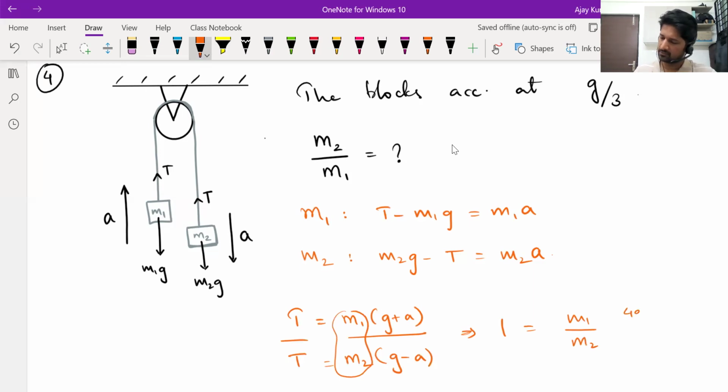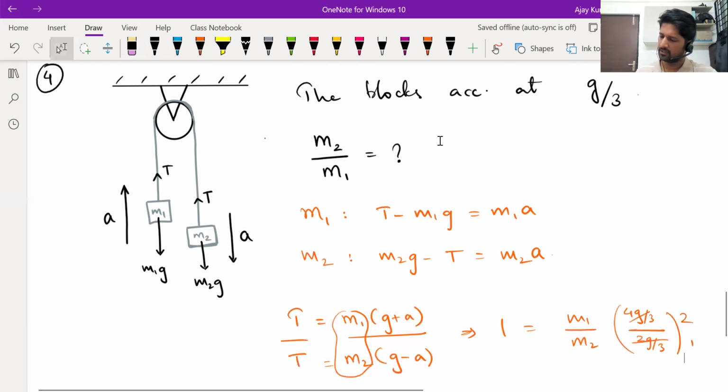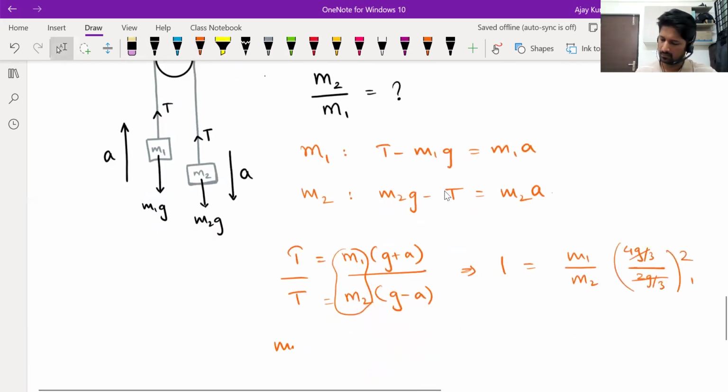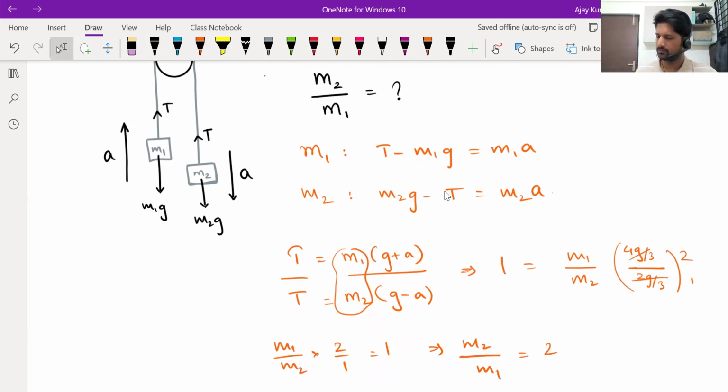G plus G by 3 becomes 4G by 3 divided by G minus A. G minus G by 3 becomes 2G by 3. You have to be quick in the calculations. So this will become 2 by 1. So M1 by M2 into 2 by 1 is equal to 1. That means M2 by M1 is 2:1. Correct.